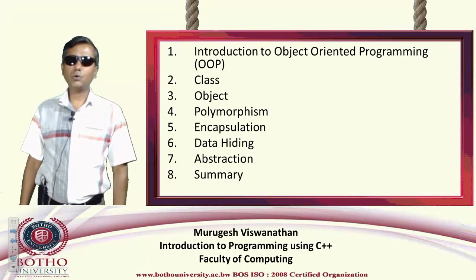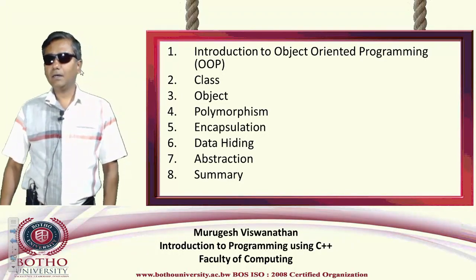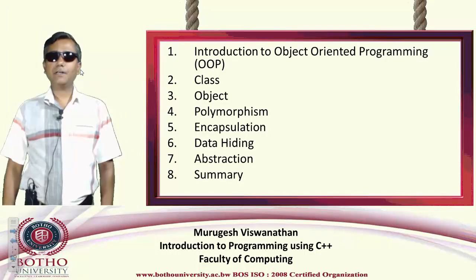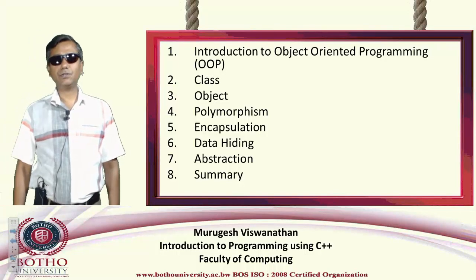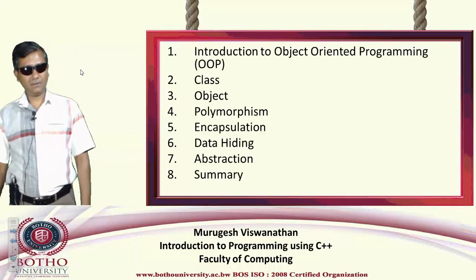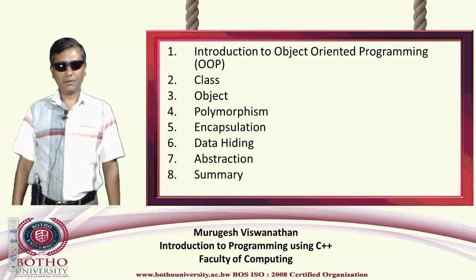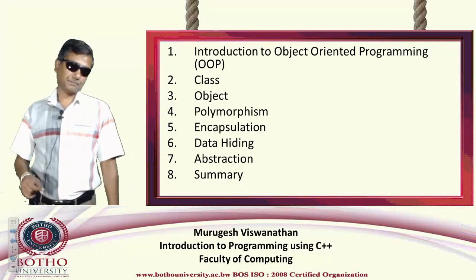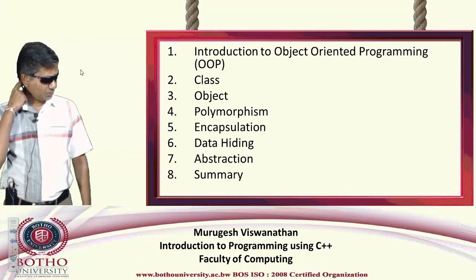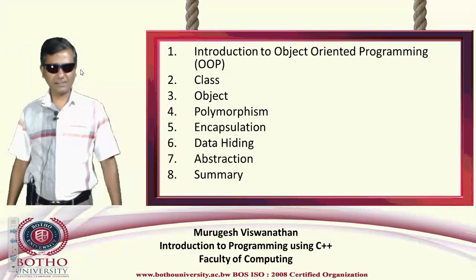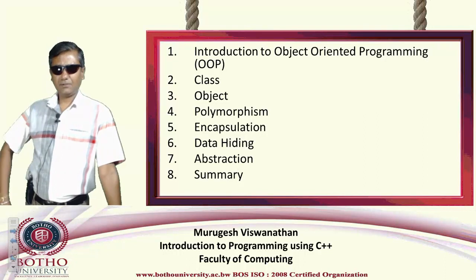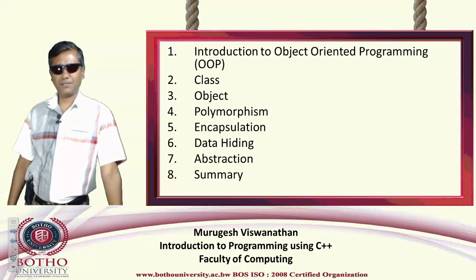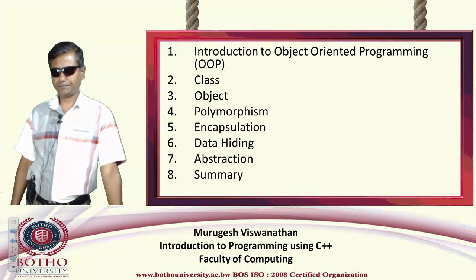Basically, if you want to create an object-oriented program, the first thing is you need to create a class. What is a class? I hope everybody knows what a class is. There are various definitions of class. I would like to say that a class is just a template for you to create objects.